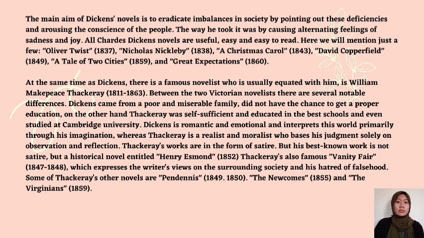On the other hand, Thackeray was self-sufficient and educated in the best schools and even studied at Cambridge University. Dickens is romantic and emotional and interprets this world primarily through his imagination, whereas Thackeray is a realist and moralist who bases judgment solely on observation and reflection.